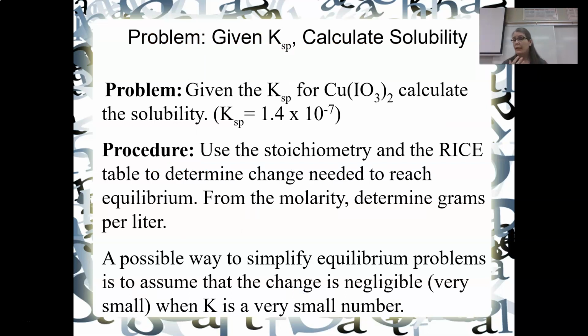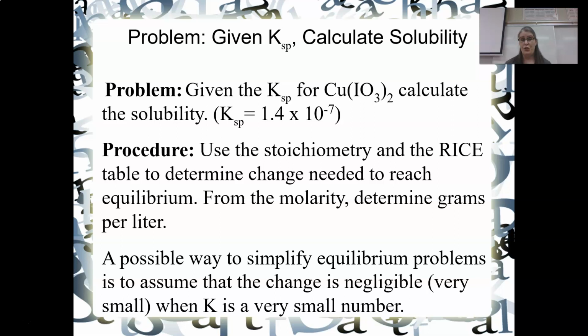We did not, however, change the KSP of sodium chloride. So let's look at these problems from a couple of different angles. So I could be given the equilibrium constant and be asked to calculate the concentrations. And so this is a place where we could use rice tables. We have the stoichiometry.